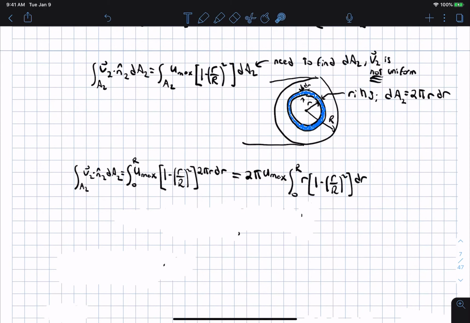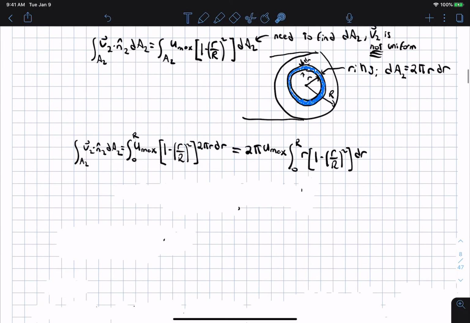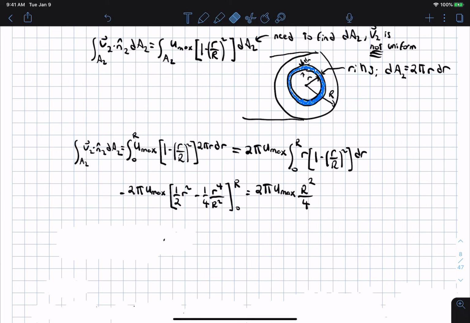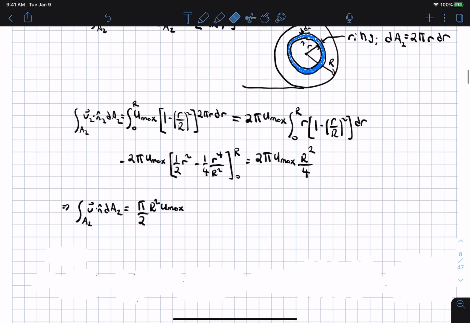That's pretty straightforward calculus, so I'm not going to show that in detail. It's just a polynomial after you distribute this r. I'll just skip ahead. This integral turns into this function here, and I simplify it, and we get that the area integral of v dot n hat dA2 is equal to pi R squared over 2 times u max.